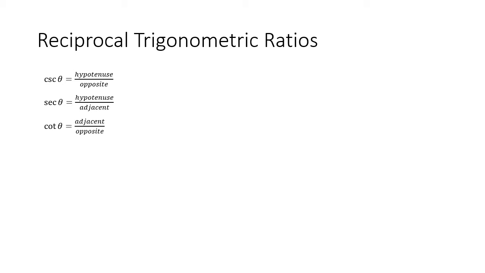If we think about this in terms of just sine and cosine: if sine of theta is equal to opposite over hypotenuse, O over h, well, then the reciprocal is cosecant. Couldn't I then just say that cosecant of theta is equal to 1 divided by the sine of theta?